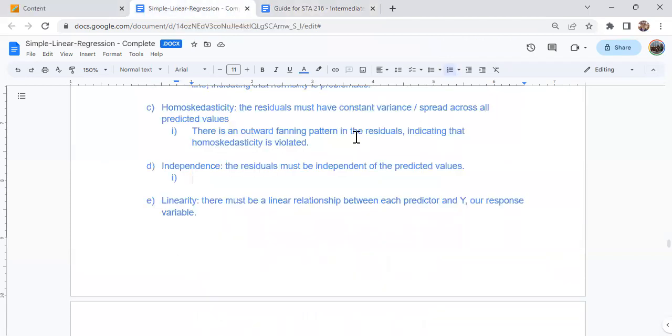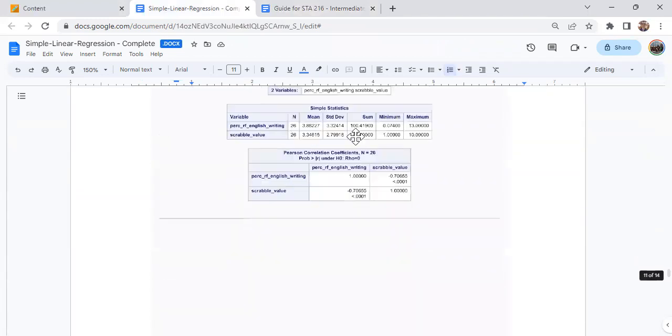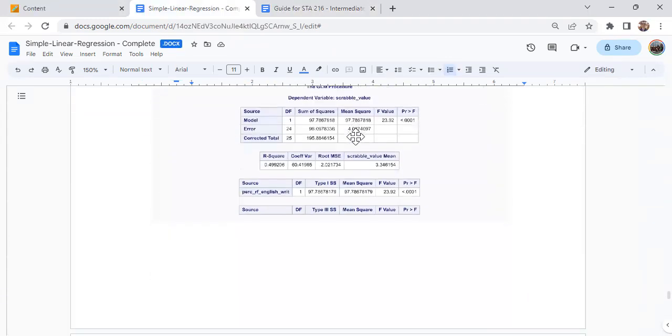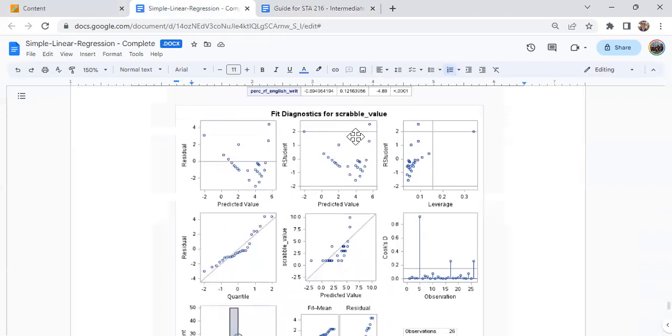So long story short here, how does it look? In this data set, can we use the predicted value to give us a good guess of what the residual is? Does it seem like a predictable pattern? No, actually. So this is the one assumption that is met here.